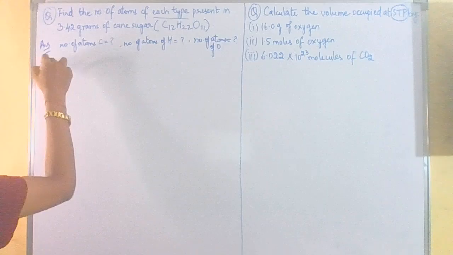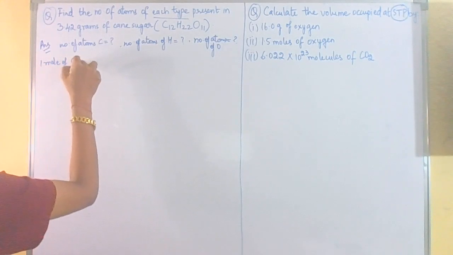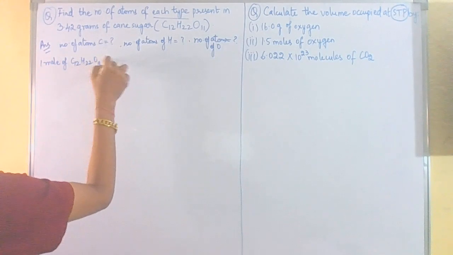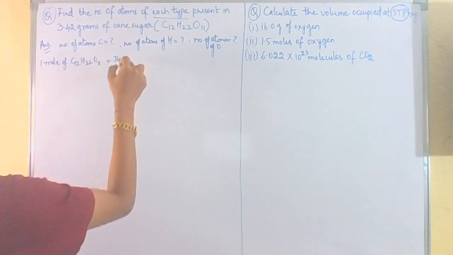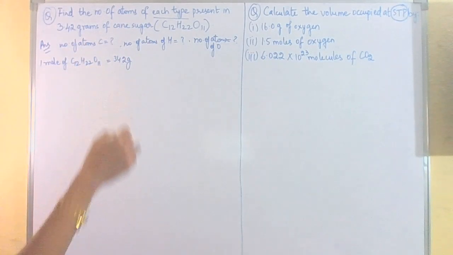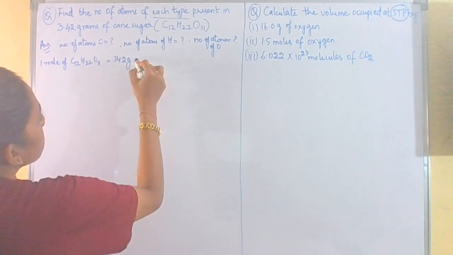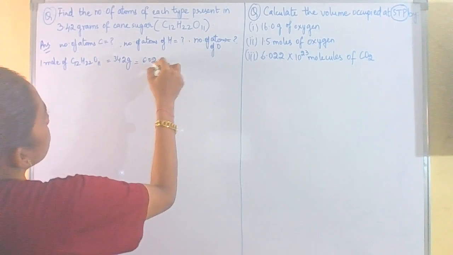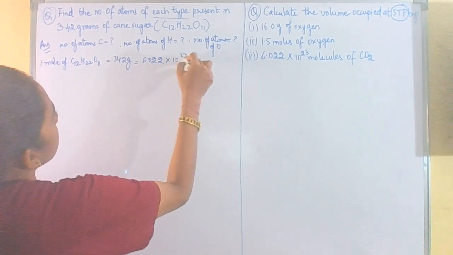So first, 1 mole of C12H22O11 is equal to 342 grams. The gram molecular mass of C12H22O11 is 342 grams, which is equal to 6.022 into 10 to the power 23 molecules.